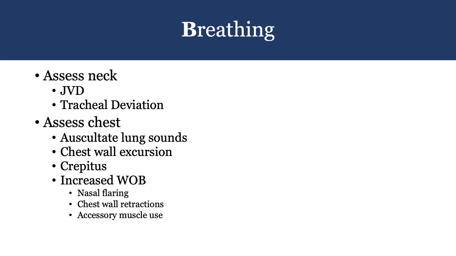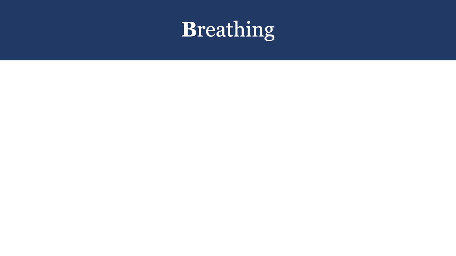We percuss the chest wall for hyperresonance or dullness that could point to pneumothoraces or hemothoraces. We also palpate for crepitus, and we inspect the chest for increased work of breathing, and this we could see if an individual has nasal flaring, retraction of the chest wall, and is using accessory muscles to breathe.